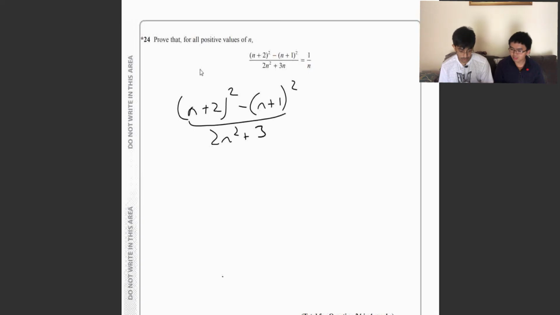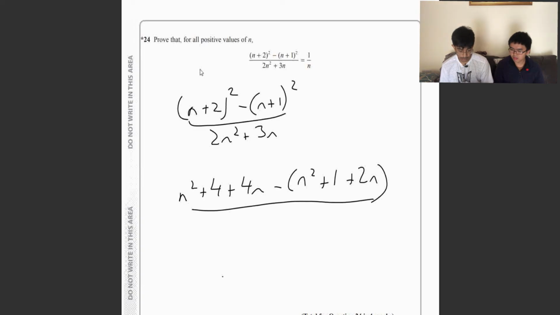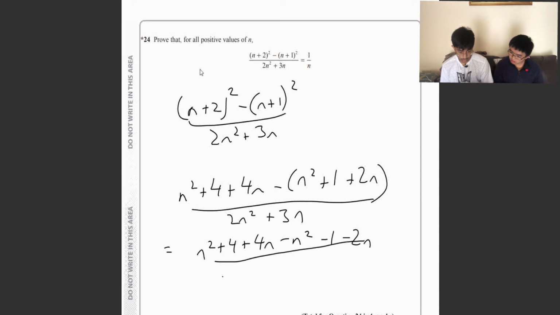Okay, so you just expand that out, n squared plus 4 plus 4n. I could be wrong, there might be something interesting. Plus 2n. Remember that everything is minus. That's probably the main way people can go wrong. So that's n squared plus 4 plus 4n minus n squared minus 1 minus 2n. 2n squared plus 3n. Okay.